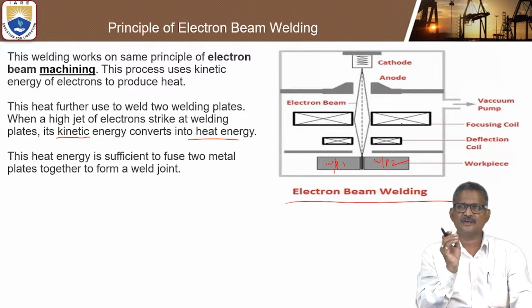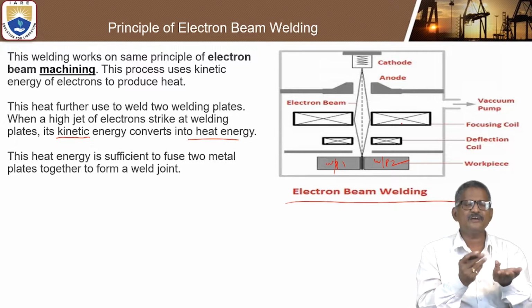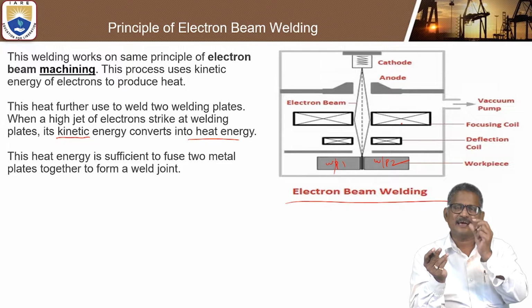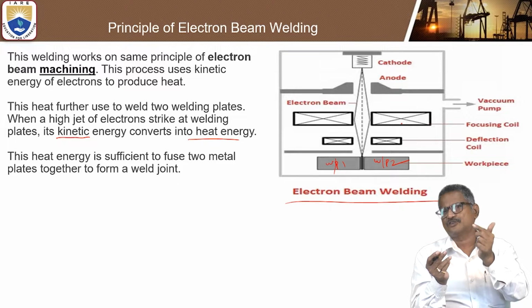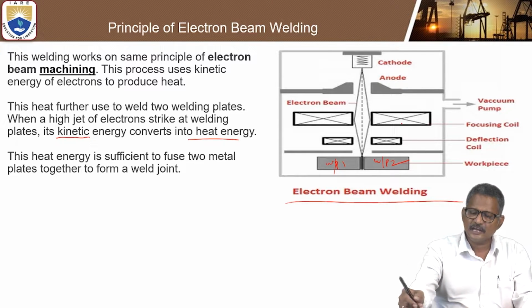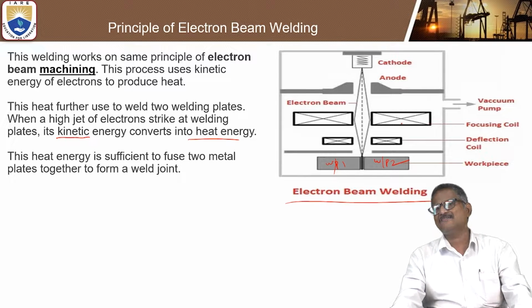So this is the importance of the deflection coil and focusing coil. And obviously there is a cathode, and above that the electron gun. From the electron gun, the electrons pass through the cathode and flow with high velocity.